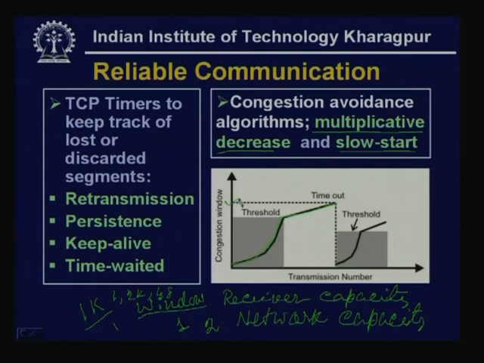Half of the earlier value is considered as the threshold, and then slow start is performed again. This is how congestion avoidance is performed with the help of multiplicative decrease and slow start.